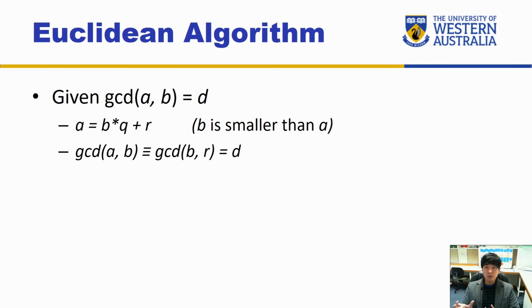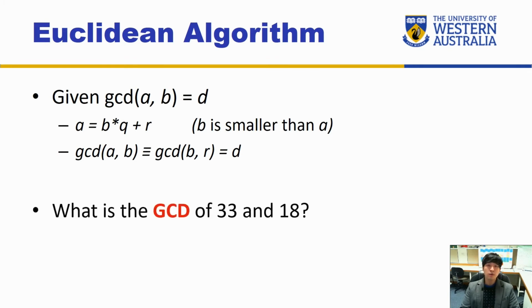Given that equation, we can deduce that GCD of a and b is equivalent to GCD of b and r, which eventually becomes d. So we're reducing a and b to the smallest terms, and once they are no longer divisible by one another, that becomes the greatest common divisor, value d. So what is the GCD of 33 and 18? I will leave you to calculate this.